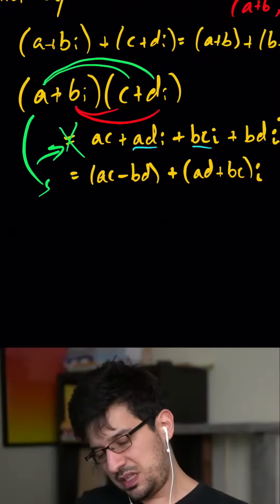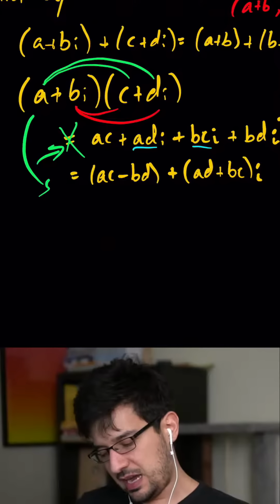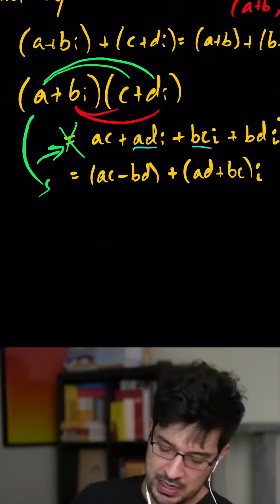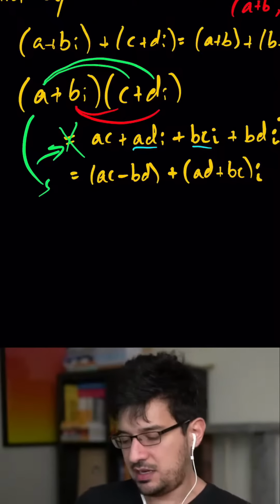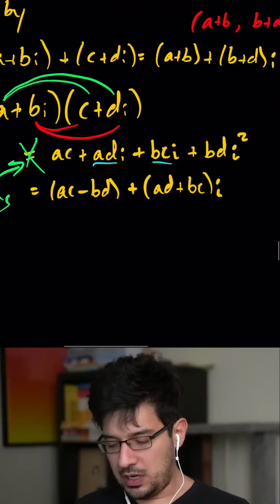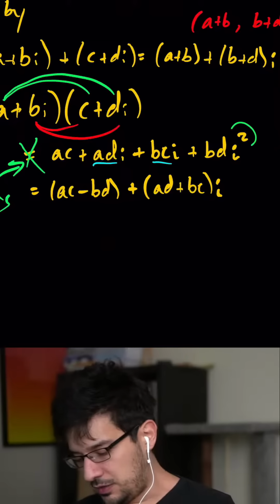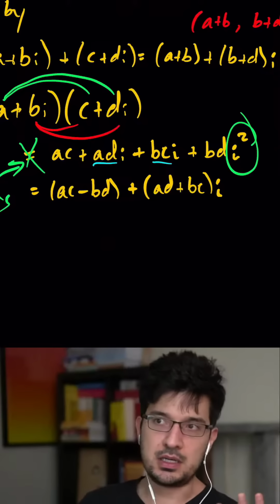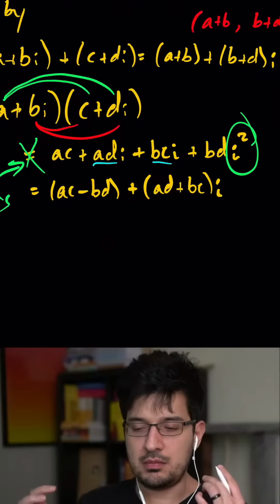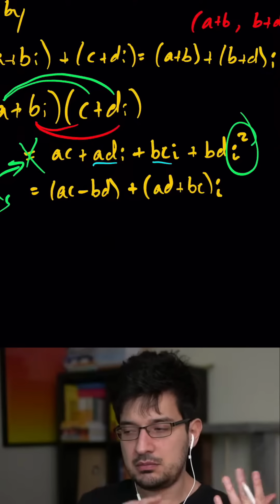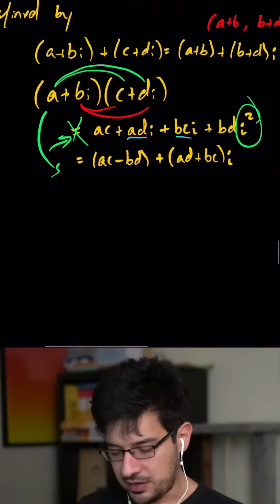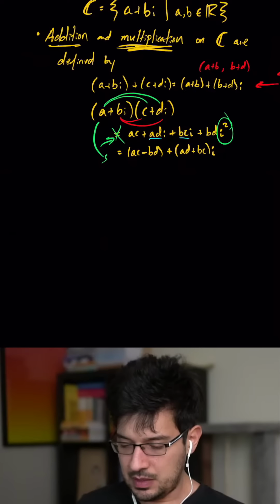Which I don't think is great, because then you're like, how did we define that? Why did we choose that? It is because we want this kind of property, where the i squared term is turning into a -1, I guess.